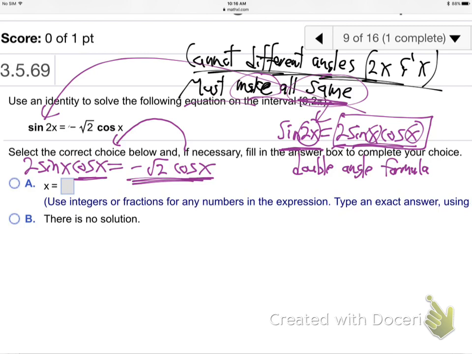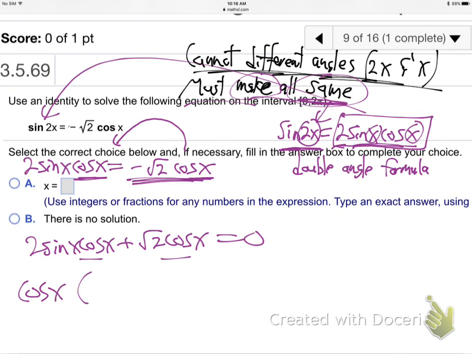Whenever you do the factoring, you first get a 0, don't you? And then you factor. So that'll make 2 sine cosine plus root 2, right? Because I change the sign when it jumps over, right? And now, see how they both have cosine? So you put that in the front, put one big parenthesis. Can you finish it from there?